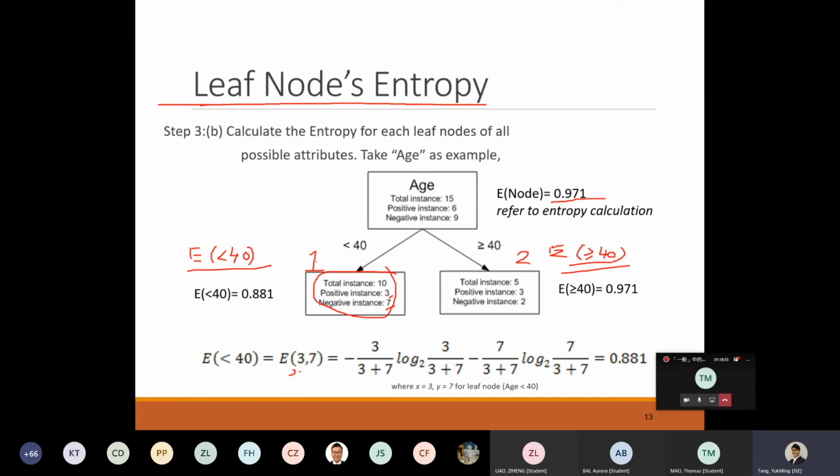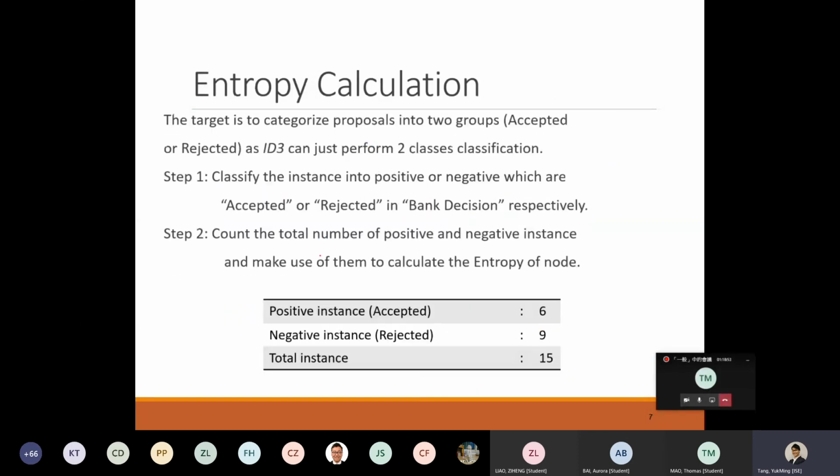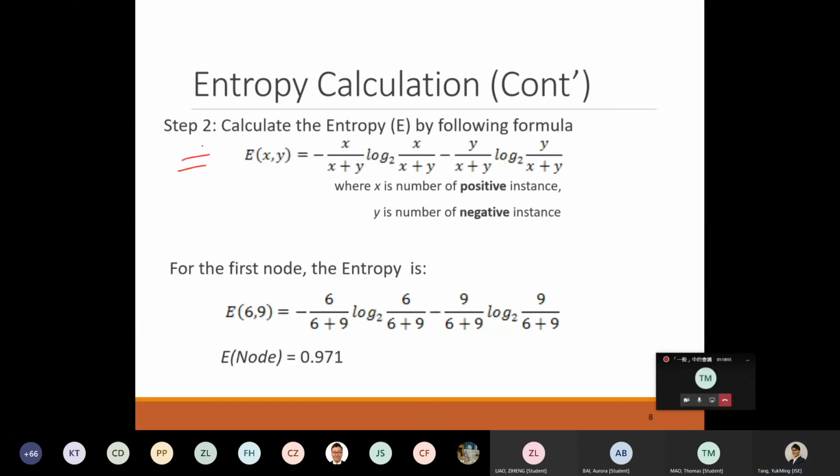As mentioned before, this is x, where x is the positive instance count and y is the negative instance count. So to calculate the entropy for less than 40 years old, we calculate E(3,7). We go back to our previous slides and use this equation, which is very important. Here x is 3 and y is 7.